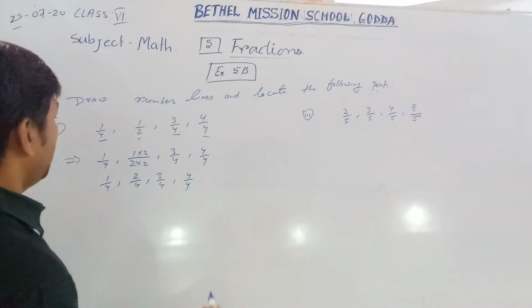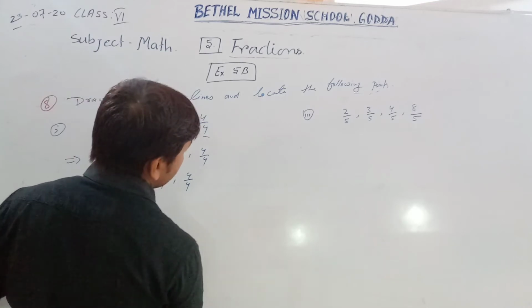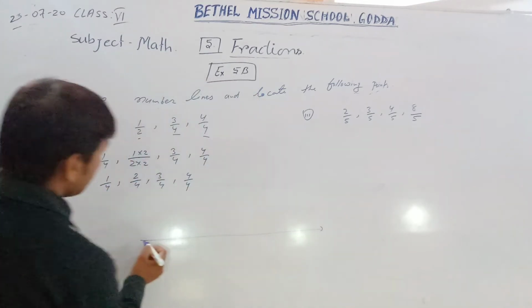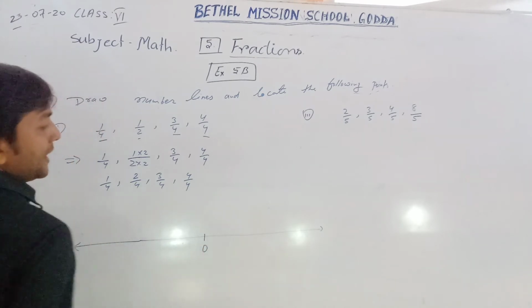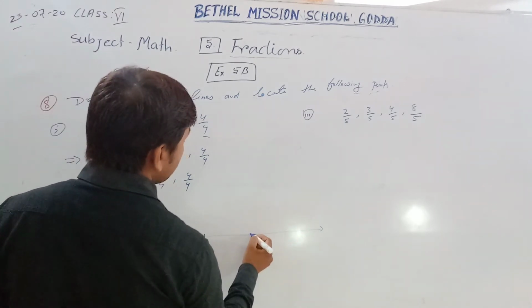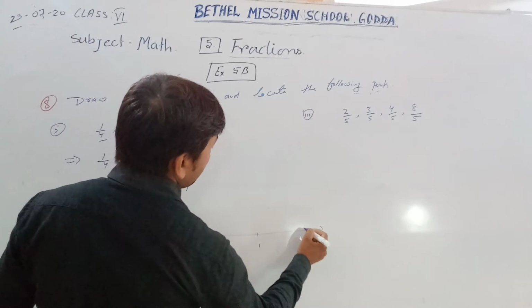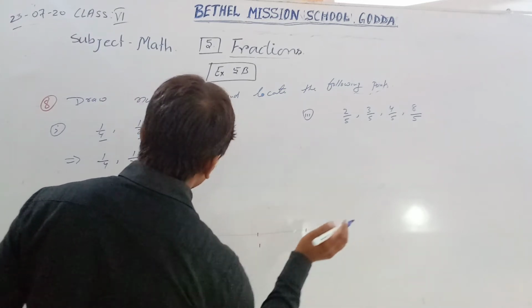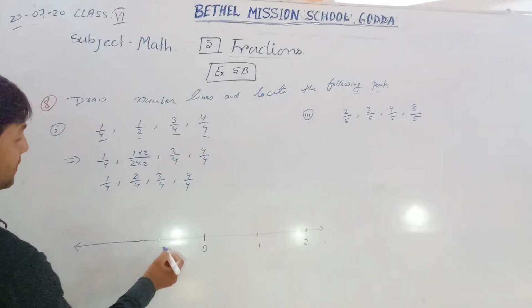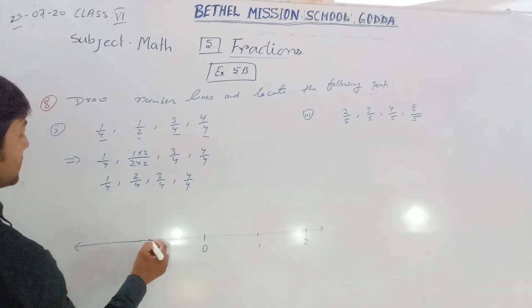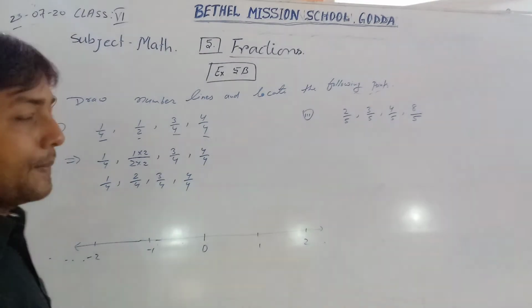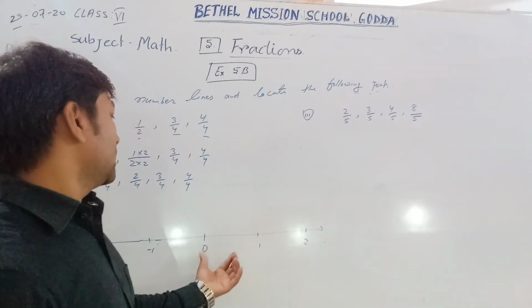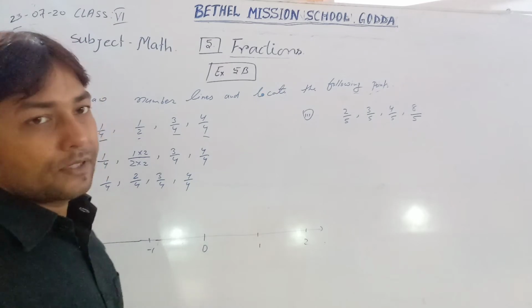Also you have to remember that to draw the number line, in the middle we take 0, and on the right side we take positive numbers 1 and 2 up to infinity. Here, with the same distance, we take -1 and -2 up to minus infinity. So 0, the values lie between which numbers?